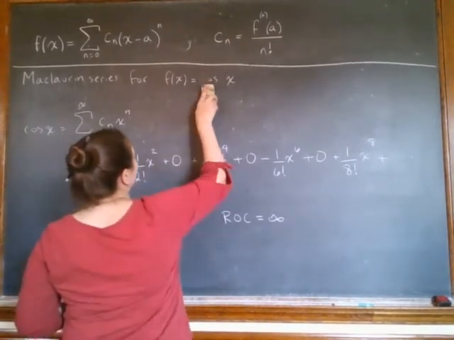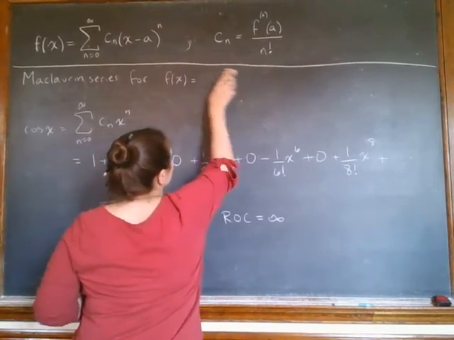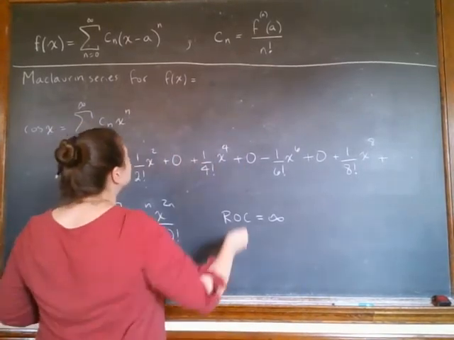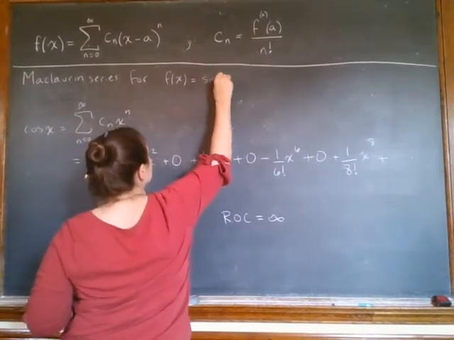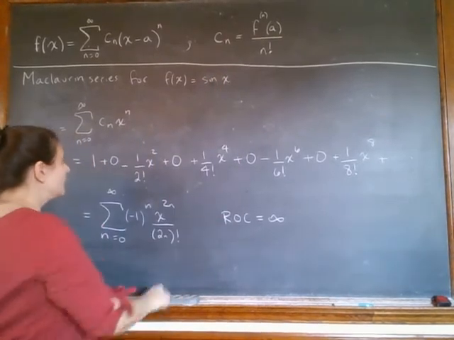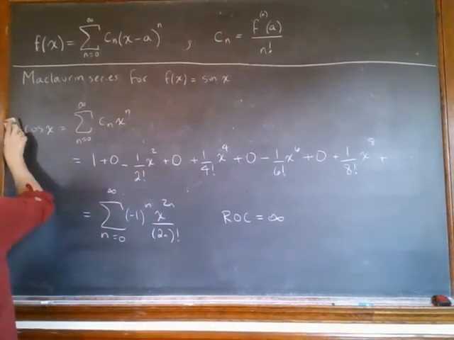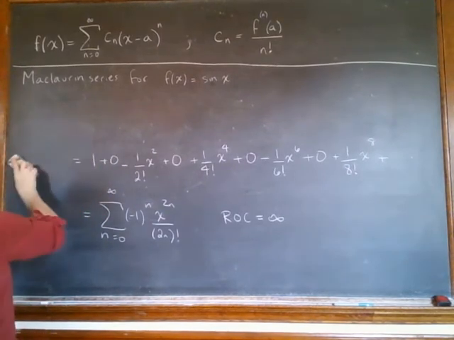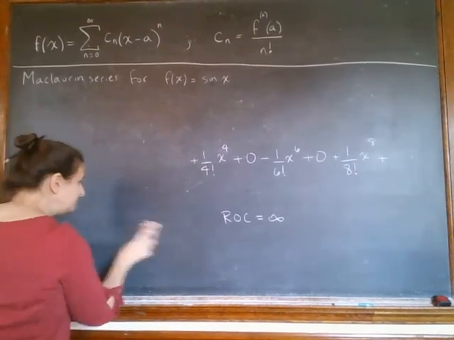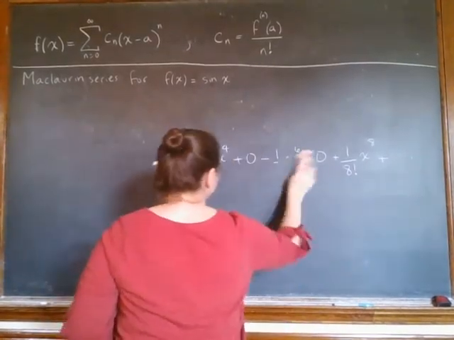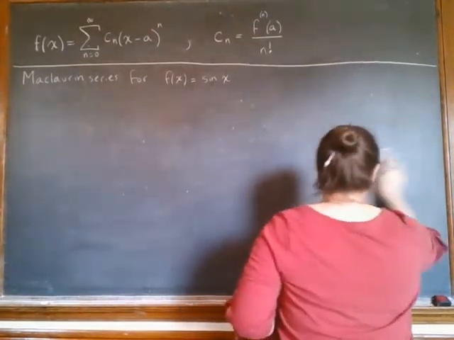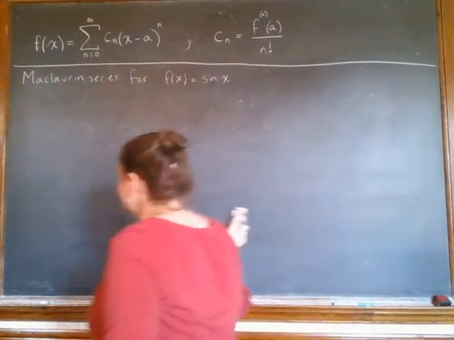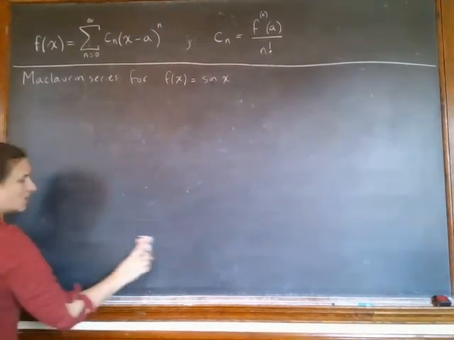So let's do sine and just think about it for a minute. We might imagine that it will happen in a similar way. And it will. But as I said, cosine is an even function and sine is an odd function.